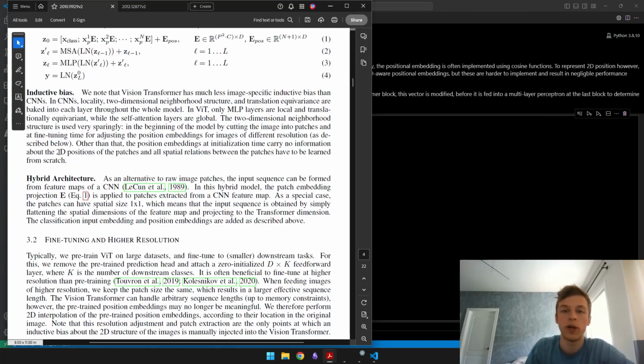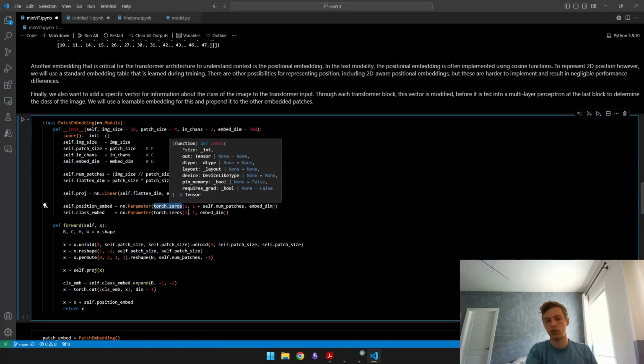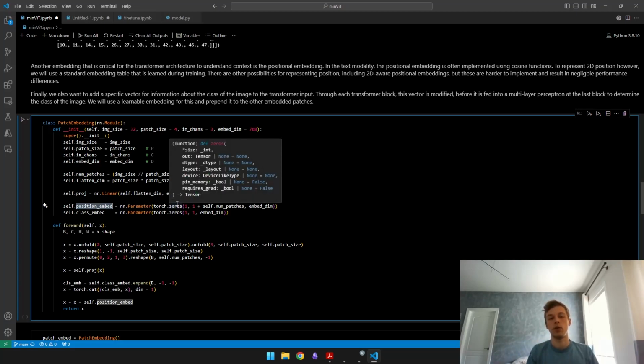One way is 2D-aware positional embeddings, which are essentially engineered, maybe like cosine positional embeddings, which hopefully should give the most amount of information. But it turns out that versus simply learning an embedding, there's minimal difference in performance between them. So for the sake of this example, we'll simply use torch.zeros to initialize a positional embedding that we later simply add on to the rest of the embeddings.